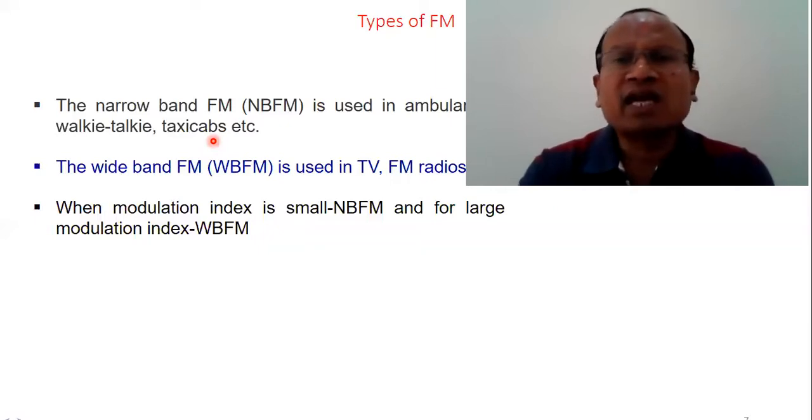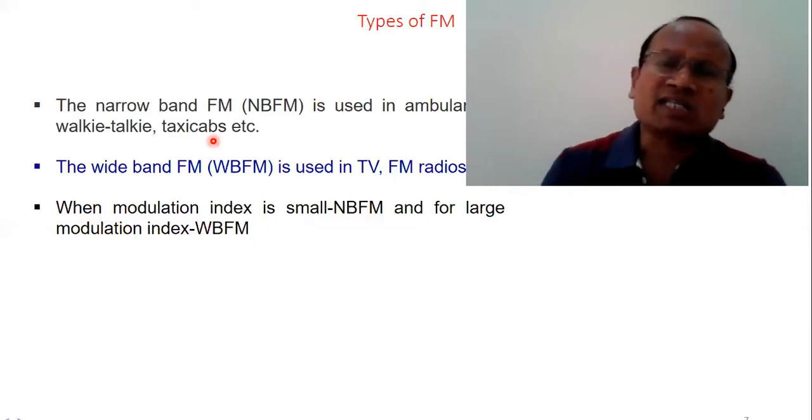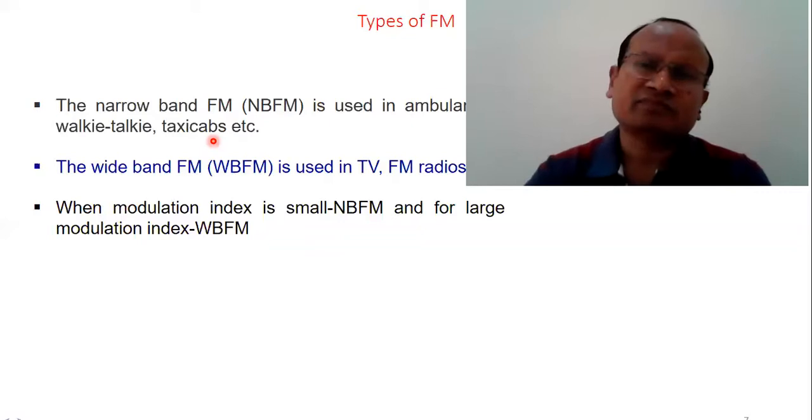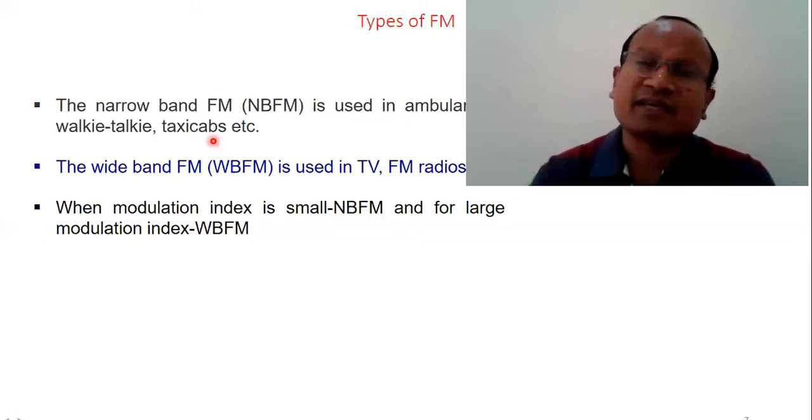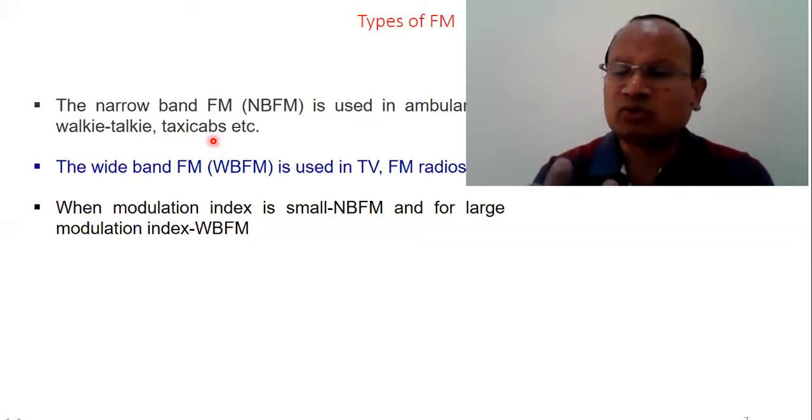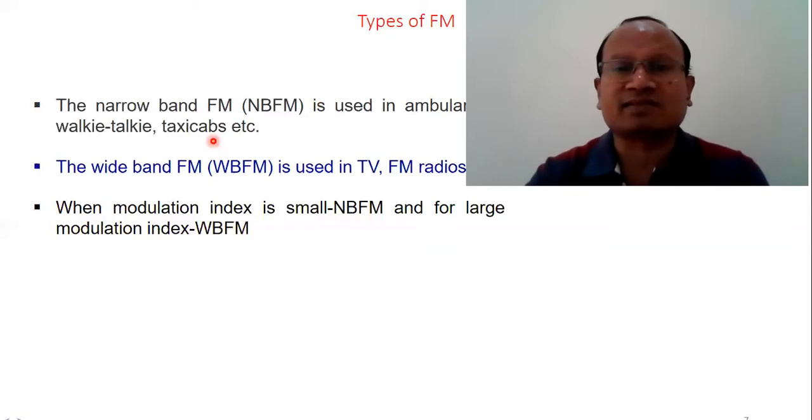Narrowband FM can be used because a large amount of bandwidth is not needed to operate a number of ambulances in a certain region. Smaller bandwidth is enough to accommodate all those ambulances.